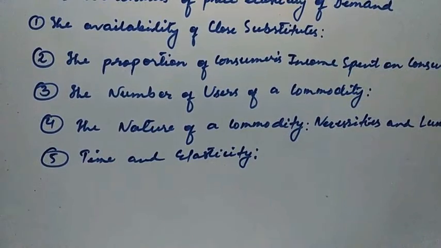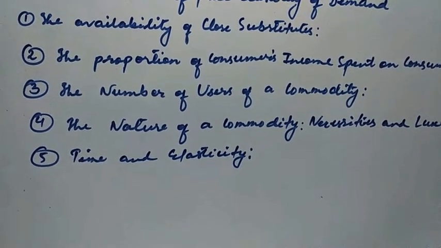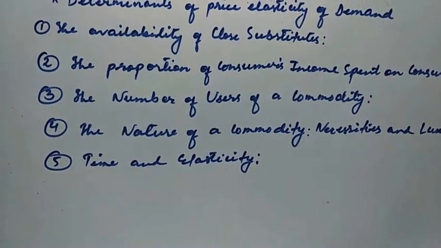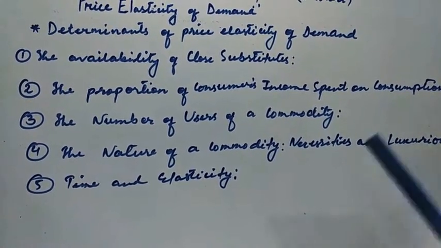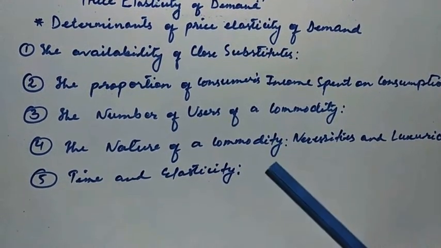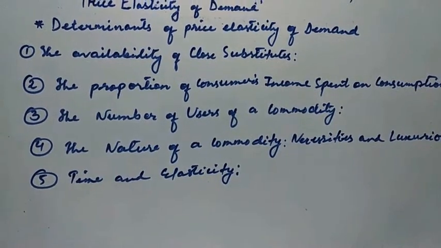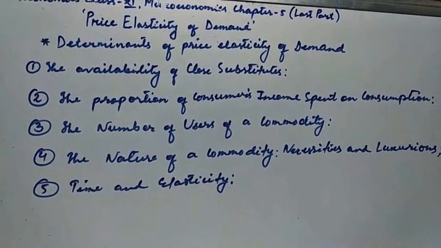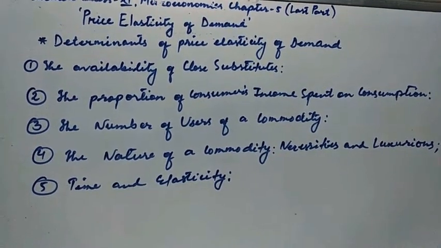For example, if the price of a commodity having several uses is very high, let us say milk, the demand will be small. So if the price of milk is very high, then people will demand less. Why? Because its uses are many, and when the price is very high, they will use it only for important purposes.